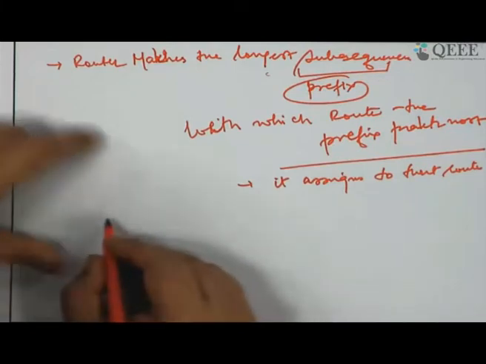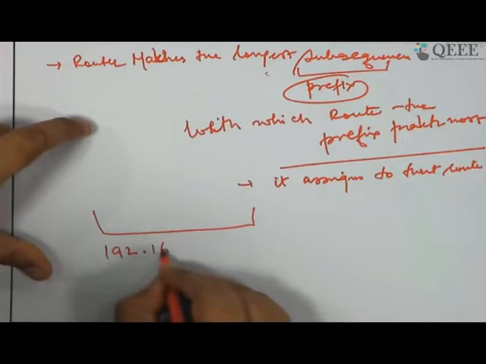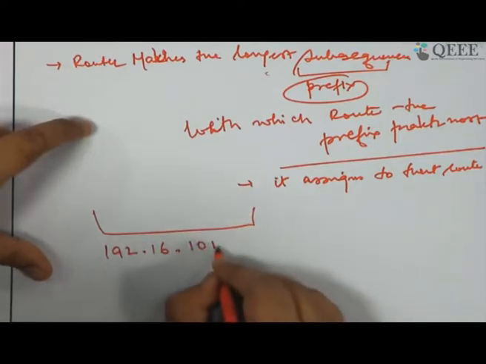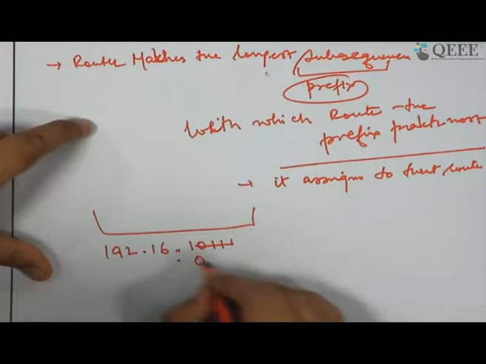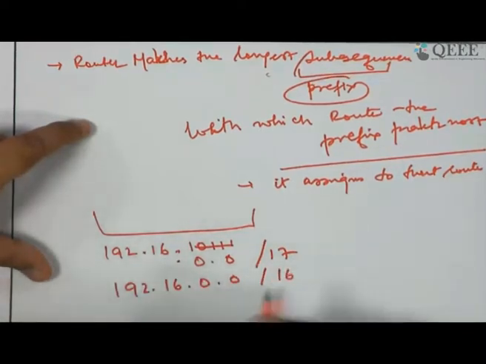So say that you have 192.16.0.0/17 and you have 192.16.0.0/16. Okay.